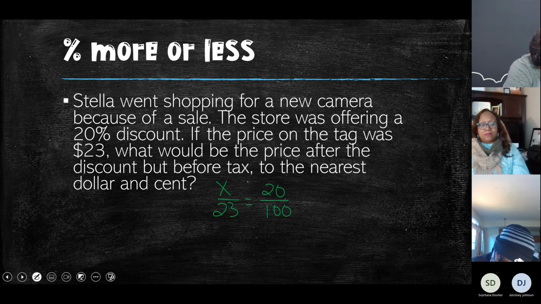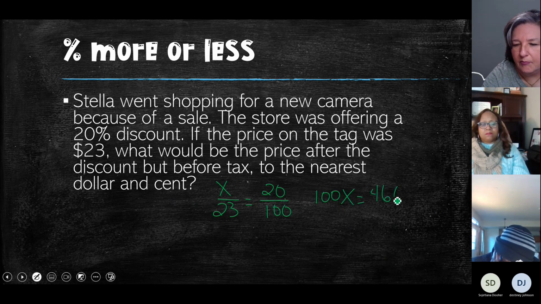I'm doing it backwards. So the discounted amount is going to be $4.60.